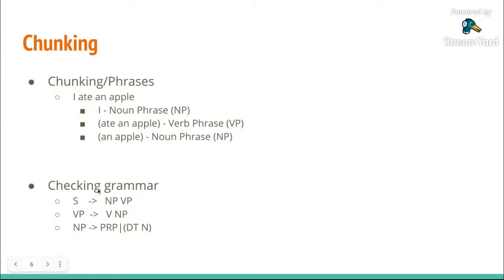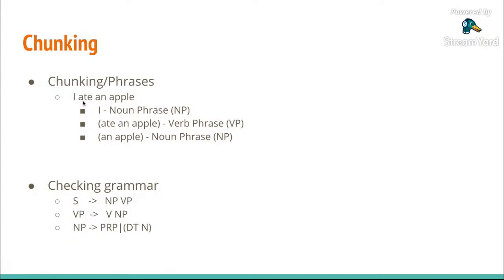For example, a simple sentence would have a noun phrase and a verb phrase, and the verb phrase will have a verb followed by a noun phrase. And a noun phrase can be a proper noun, or a determiner followed by an optional adjective followed by a noun.